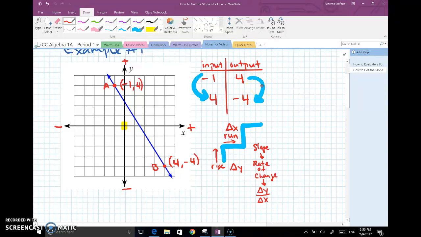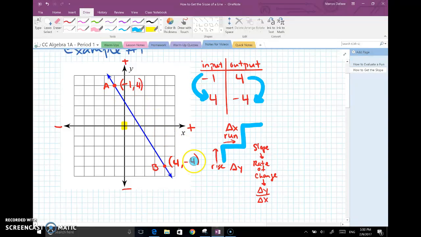So we have 4 becoming a -4. Now, by how much does it take to get a 4 to become a -4? Well, if you're not quite sure, you can go over here and you can count the squares. So we're at level 4 now, but we change and end up at -4.